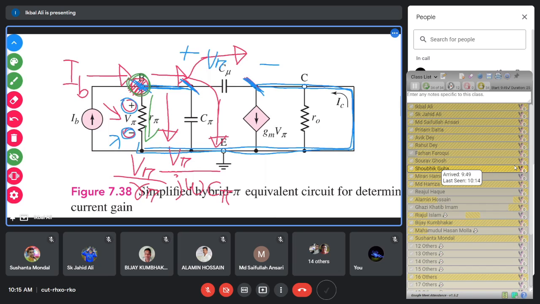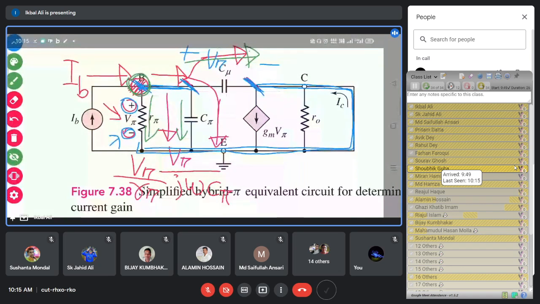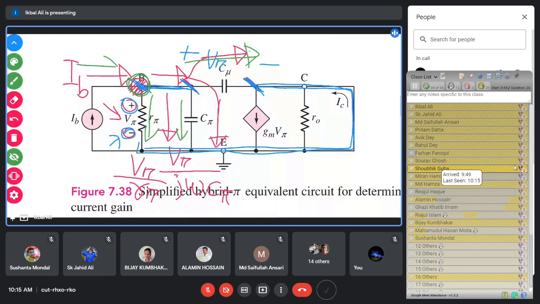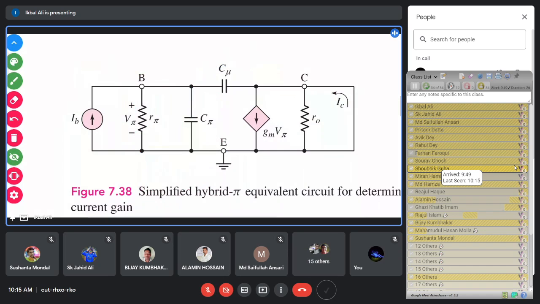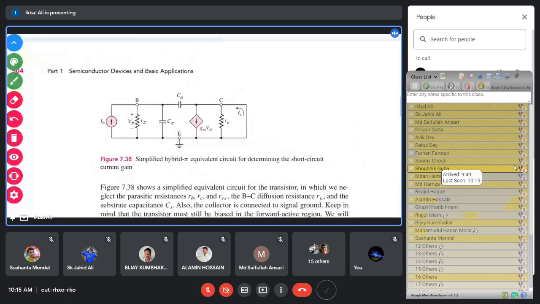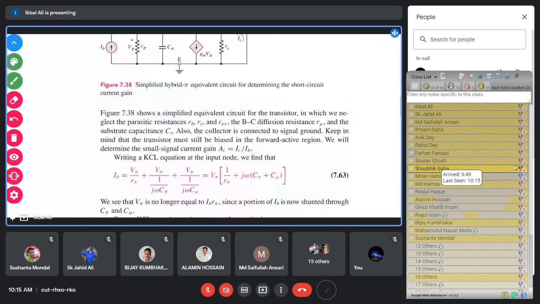Through this capacitor, you have the current V pi by 1 by j omega C pi, and through this capacitor C mu, you have the current V pi by 1 by j omega C mu. That should be equal to the inward current, which is driven by the source IB. So this is the equation at the base node.